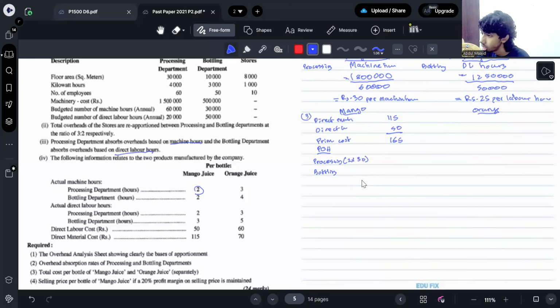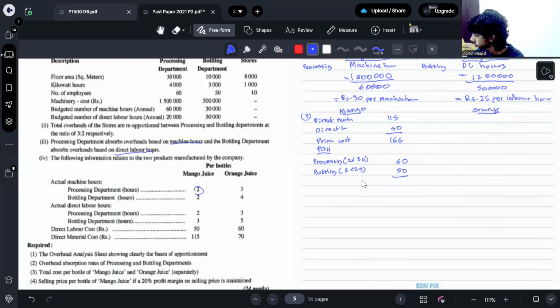So the overhead of the processing department that goes to 1 unit is 30 into 2 hours, 60. Bottling department is also using 2 hours. The overhead is rupees 25 per labor hour into 2, so the overhead of the bottling department that will go to 1 unit of mango juice will be 50.